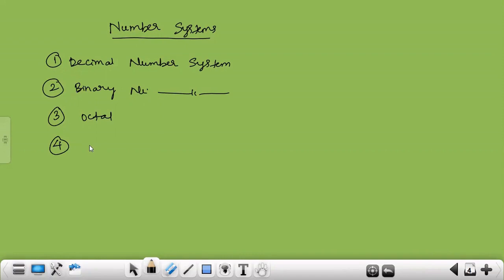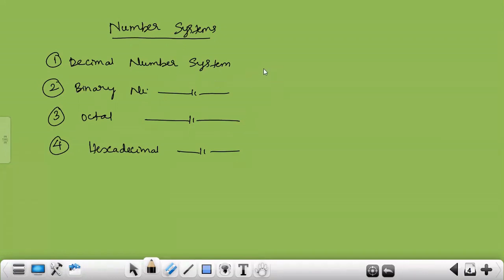Fourth one is called the hexadecimal number system. There are four kinds of number systems in digital systems: decimal, binary, octal, and hexadecimal.